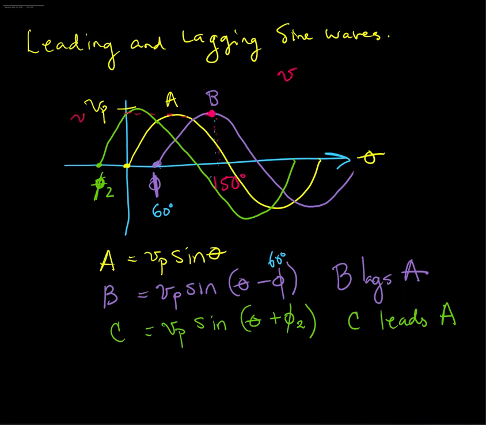So I know that this value should be equal to V peak times the sine of theta minus phi. And remember, this theta is the angle where I want the value, and this phi is the angle of the shift.